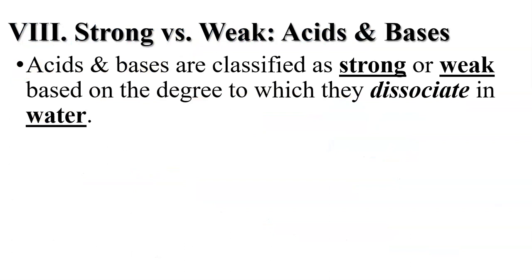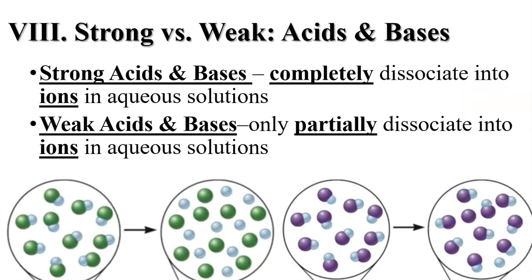All right, so acids and bases are classified as strong or weak based on the degree to which they dissociate in water. Strong acids and bases will completely dissociate into ions in aqueous solutions, and weak acids and bases will only partially dissociate into ions.